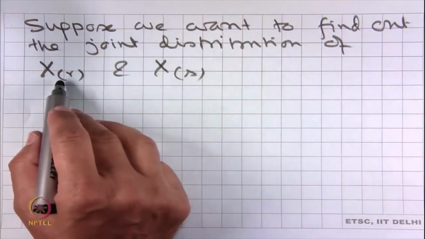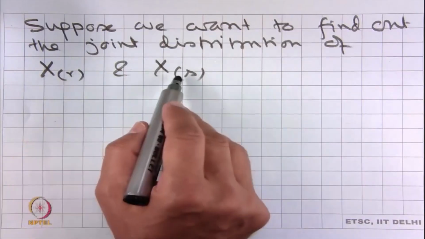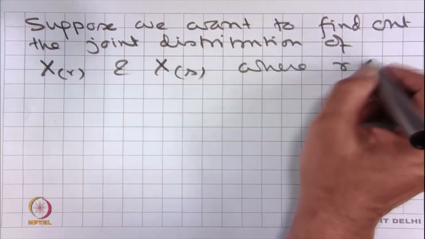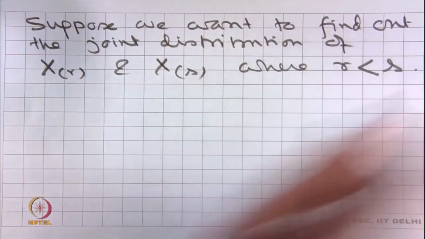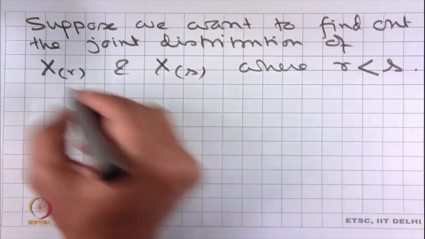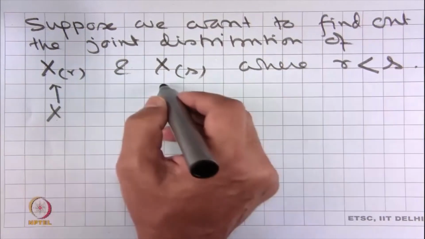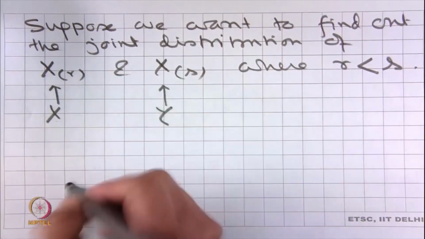So, it is the rth order statistic and the sth order statistic, where r is less than s. Let us denote this by x and this by y.